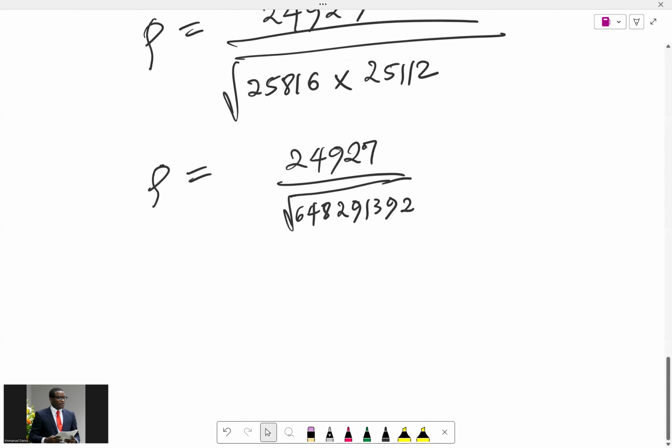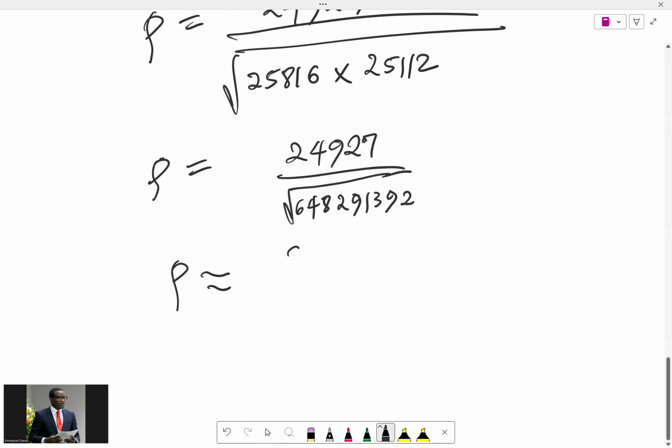And then this is rho now, the Pearson correlation coefficient: 24927 divided by the square root of this.